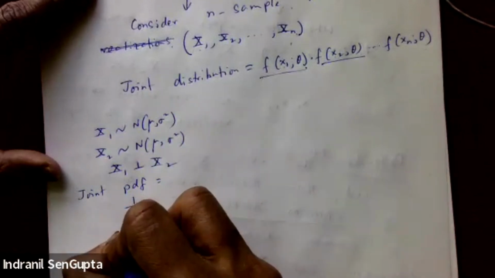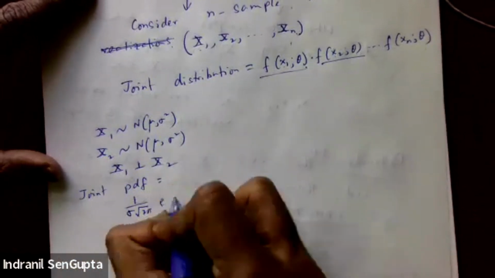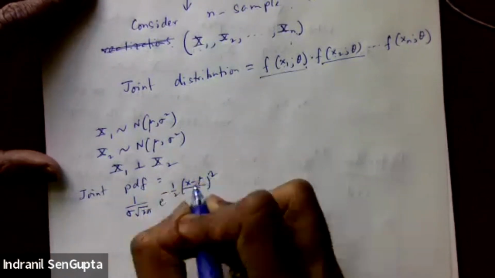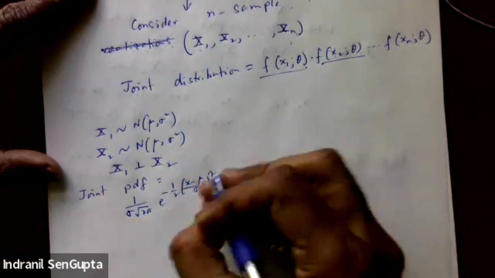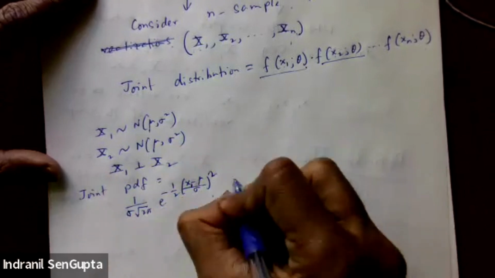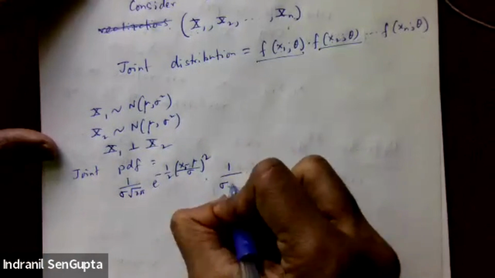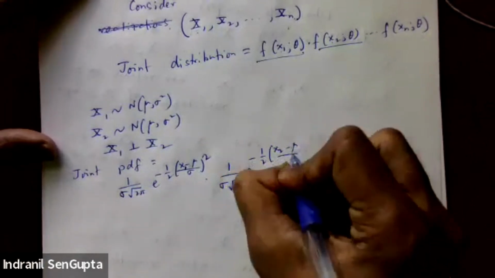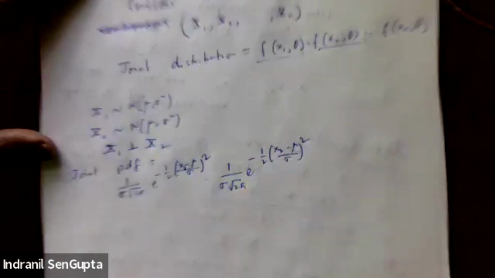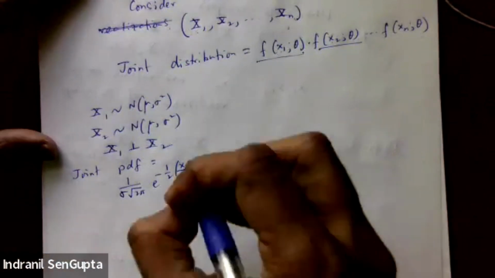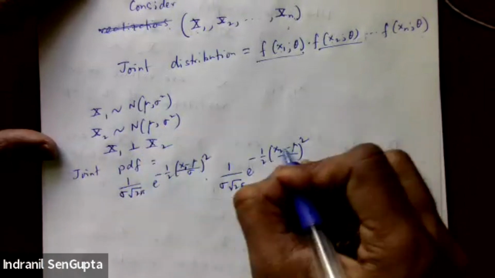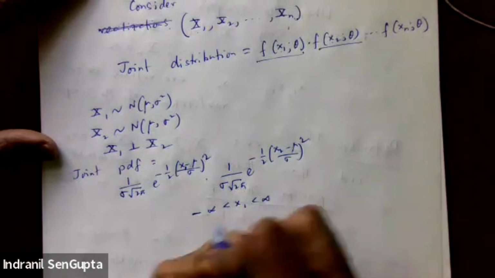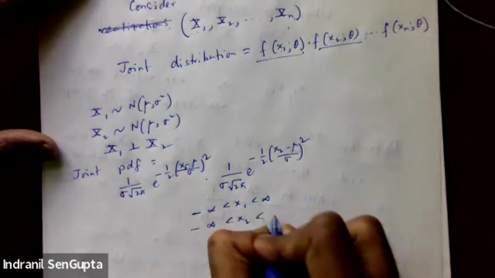So it's 1 over sigma square root of 2 pi e to the minus 1/2 x1 minus mu over sigma squared. That is for the first one. I multiply it by the other one, 1 over sigma square root of 2 pi e to the minus 1/2 x2 minus mu over sigma squared. That's for the second one, right? So here minus infinity less than x1 less than infinity and minus infinity less than x2 less than infinity.